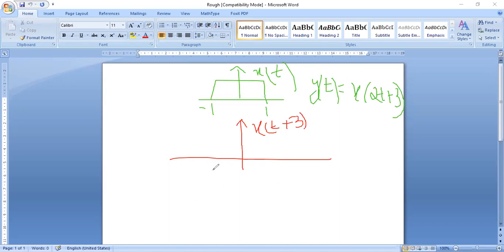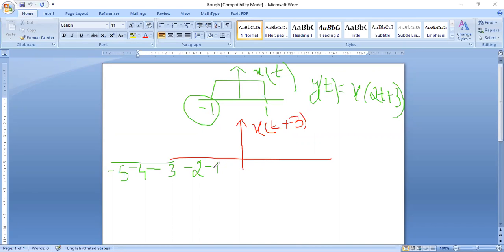Left side. So let me write the labelings first. -1, -2, -3. So I will write more numbers because I have to shift 3 times. So now I will consider the extreme left hand side from the main question. Extreme left hand side is at -1. That should be 3 times shifted towards the left.